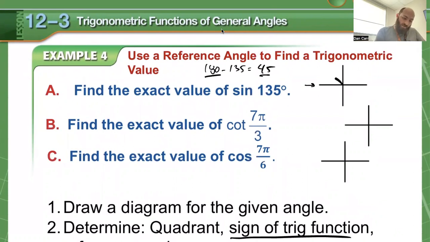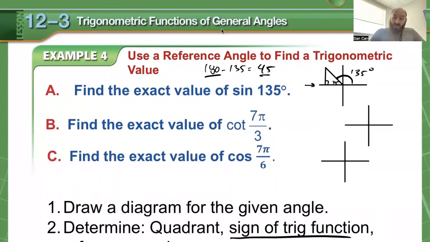So I could just draw it right down the middle. This is my 135 degrees. Now that creates the triangle like this. Instead of writing theta, I'm going to write 45 here. So my reference triangle is going to be a 45, 45, 90 triangle.